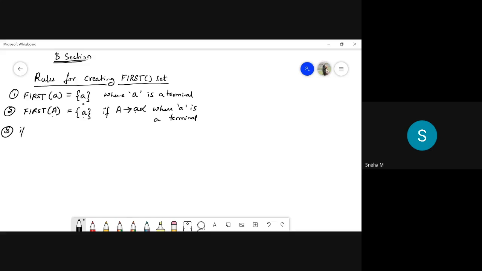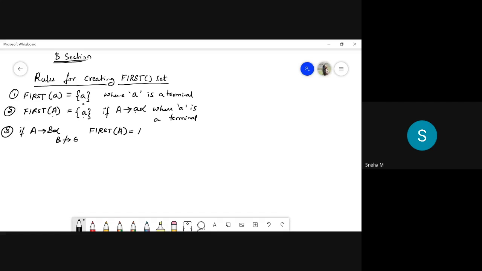Now, if I have a production like A derives B alpha, this is also possible, right? B is a non-terminal here and it doesn't have an epsilon production. Then how do you find first of A is the question.